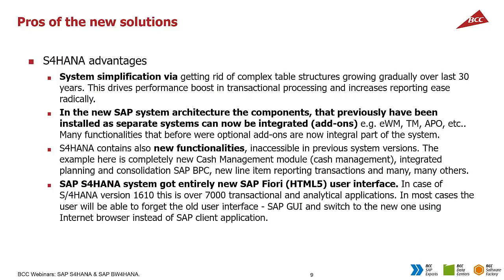So when a program reads from the old tables, it can read the data even after migration to S/4HANA, because the old tables are created as views for compatibility reasons, and the programs don't see any difference.